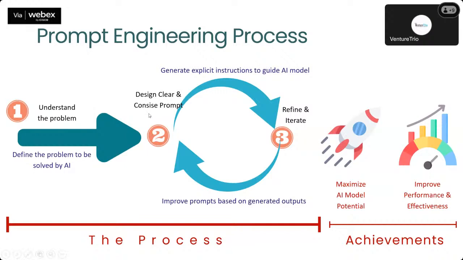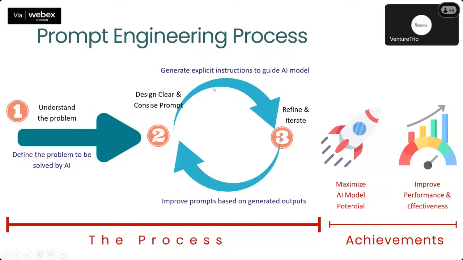Then design a clear and concise prompt. After understanding the problem that we are going to ask ChatGPT, we have to design a prompt, a query, a single query, having all the information to help ChatGPT understand what we want it to produce.